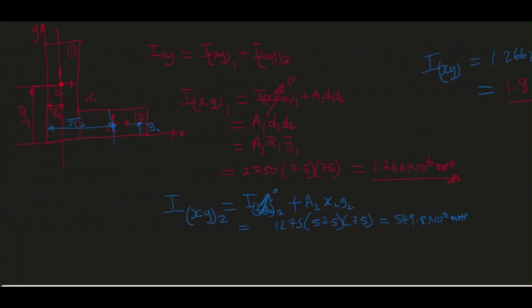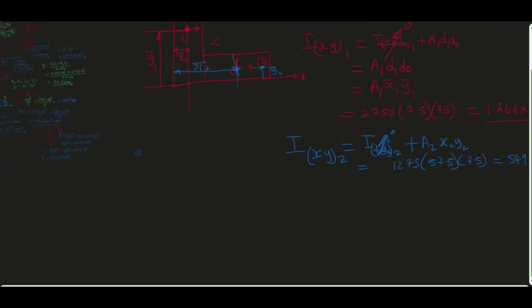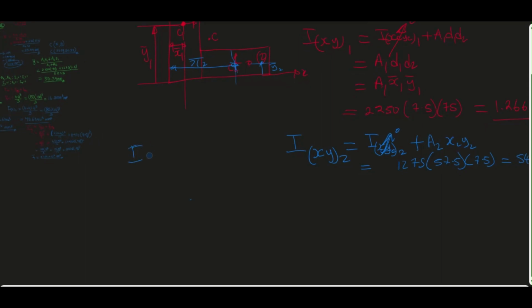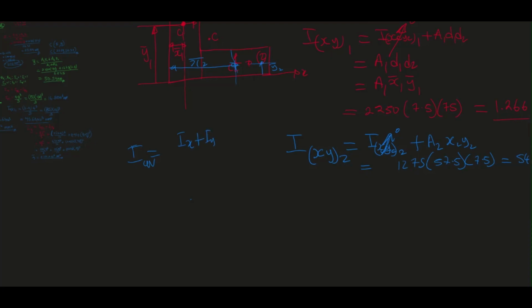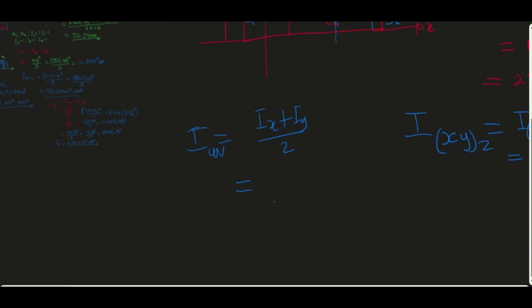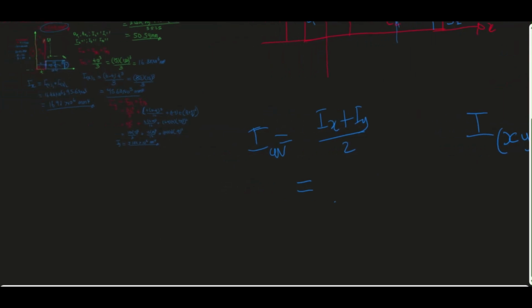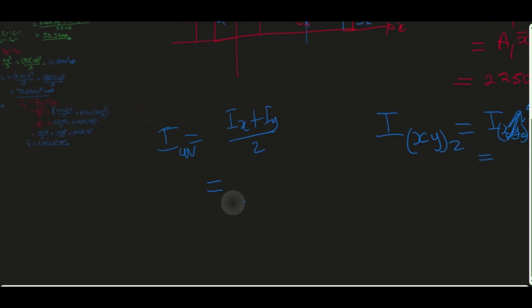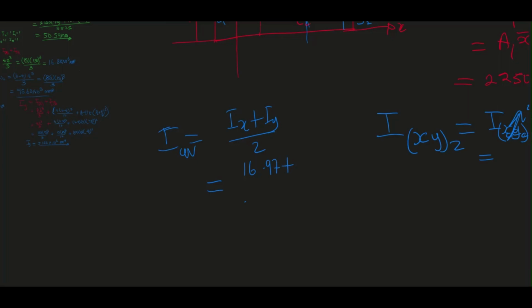What was Ix? Get I average: Ix plus Iy over 2. 16.97 was Ix. 16.97 plus, I can drop out the 10 to the power 6, because I know already that they are all 10 to the power 6.